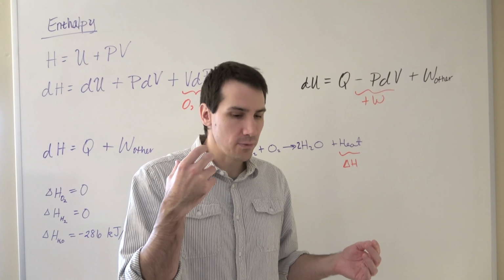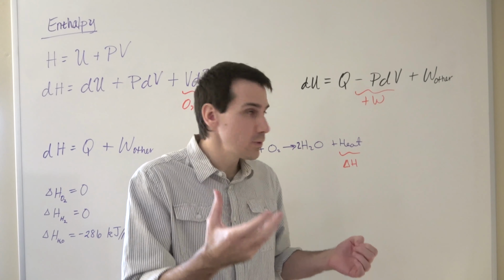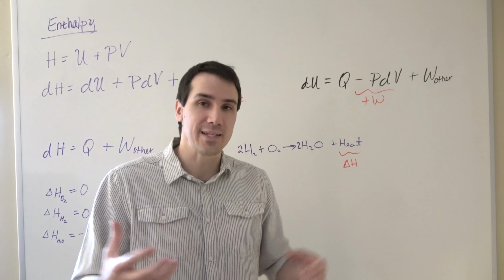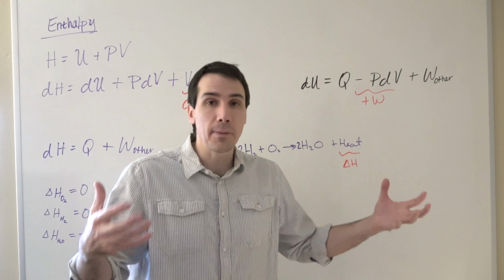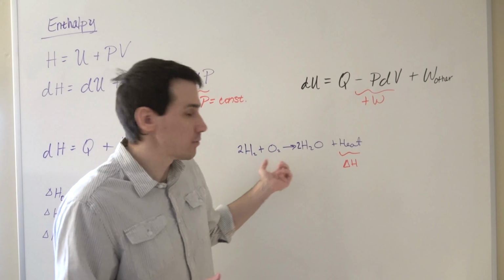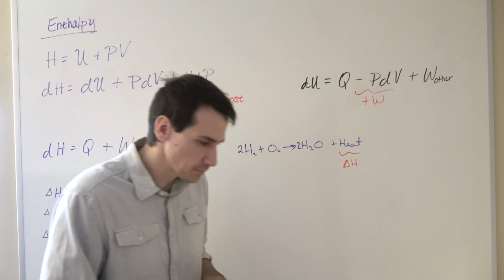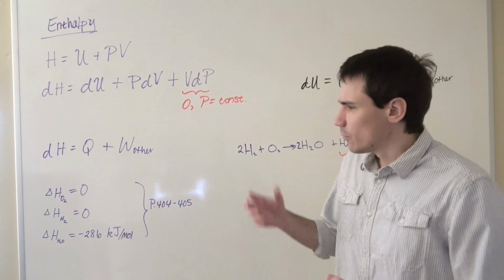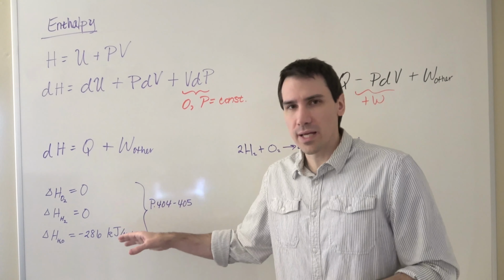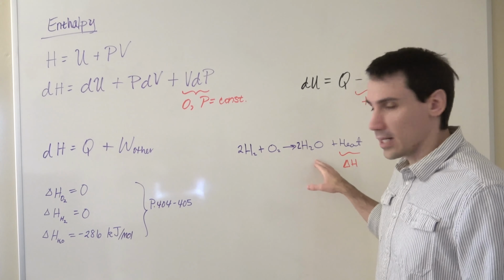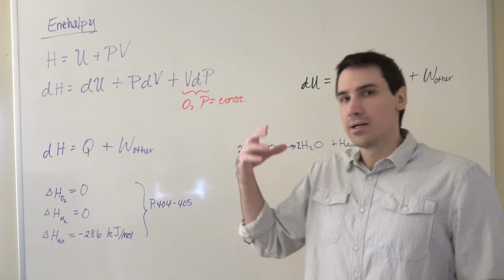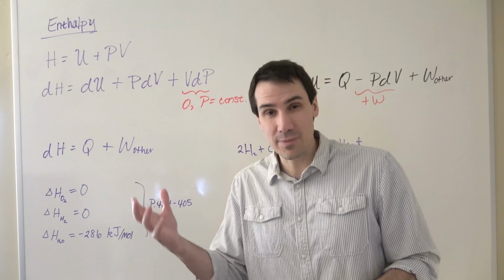So remember, Q, our value Q, is the heat that is added to the system, but in this case, the system is giving up heat to the environment as it goes through this exothermic reaction. We should also note that these tables are made where the reactants and the result are in the end at the same temperature.